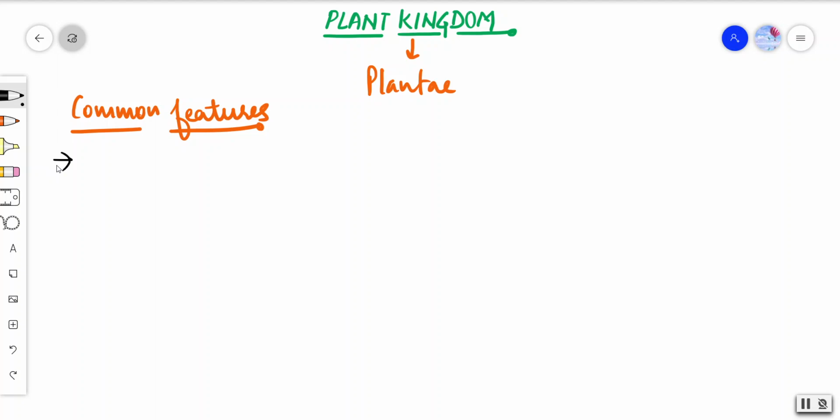So on that basis, from the lower classes, we are actually reading about plants. What are the common features we can write here? About their food, they do photosynthesis for the production of their food.